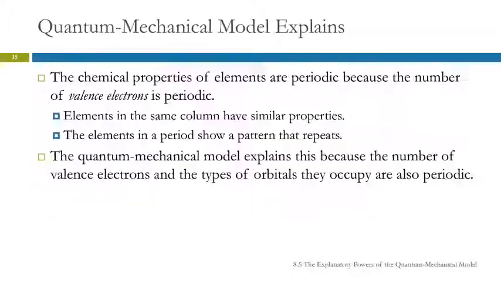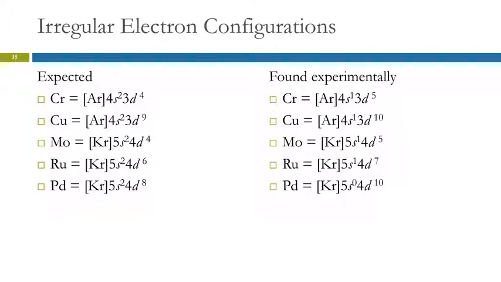Okay, I'll draw them. So let's think about what's going on here. So here's 4s and here's 3d. So what we expect, we've got 6 electrons after argon. We expect that the 4s would fill up first, and then these guys would go in there.